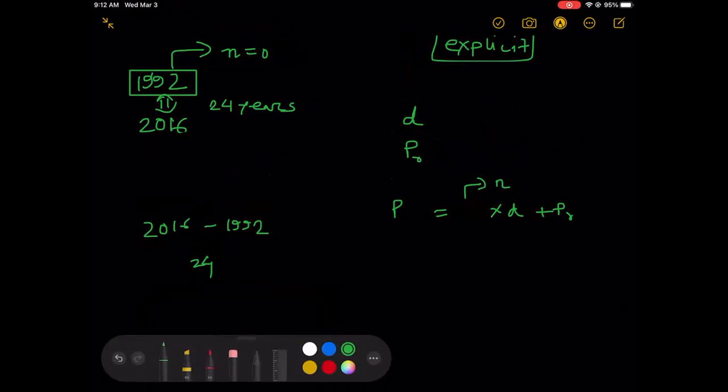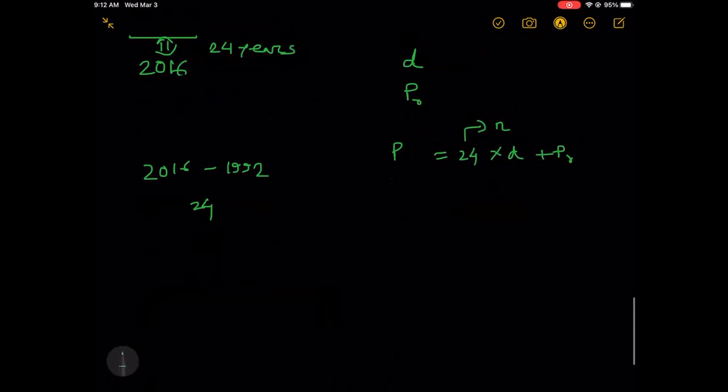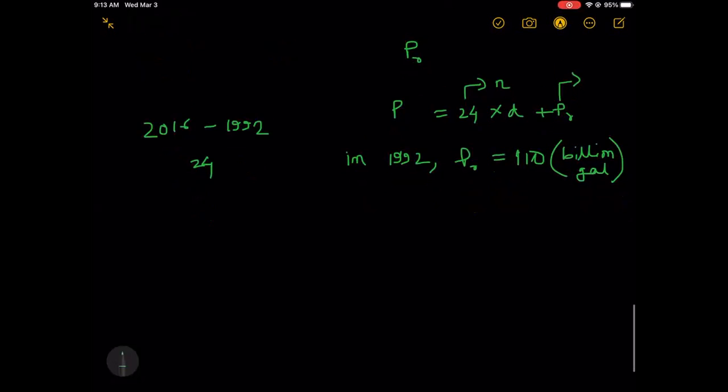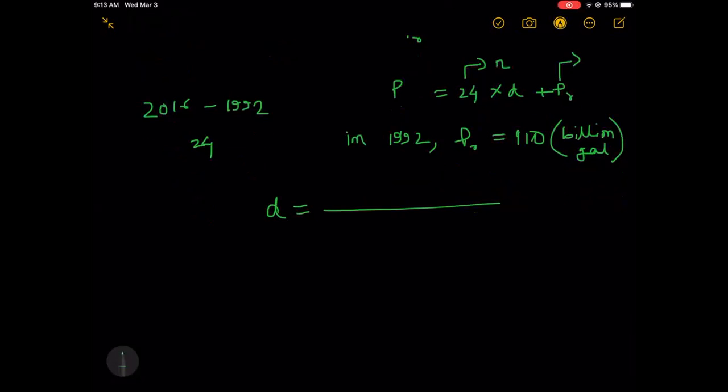All right. So the starting value, of course, will be 110 in 1992. It will be P naught, 110, in billions of gallons. And for D, fortunately, we have more than one piece of information here.